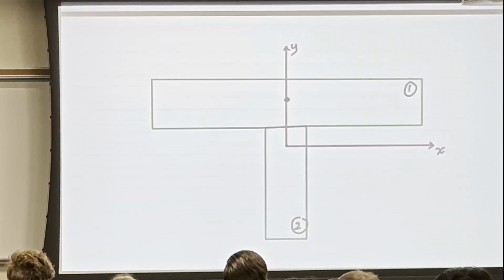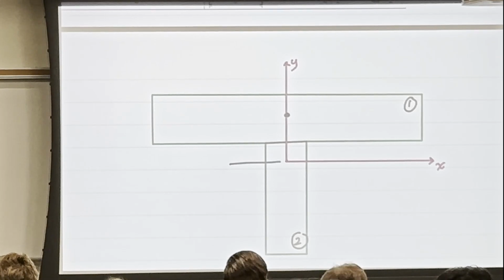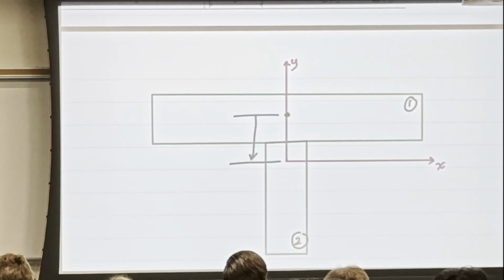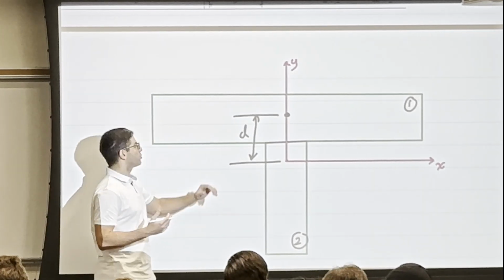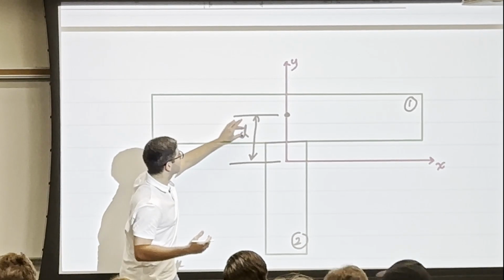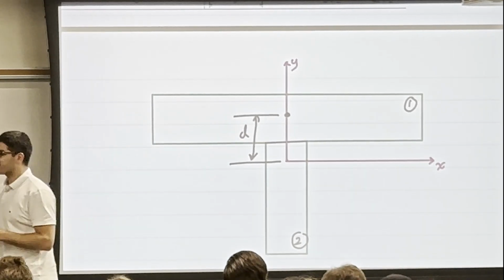What we need to do is find this distance, how far this area is from the centroid of the whole shape, and then we add an additional term, which is the area of that one times d squared. And let's derive this now.